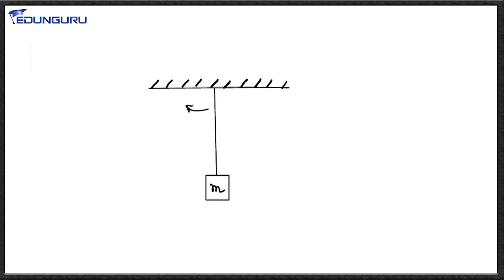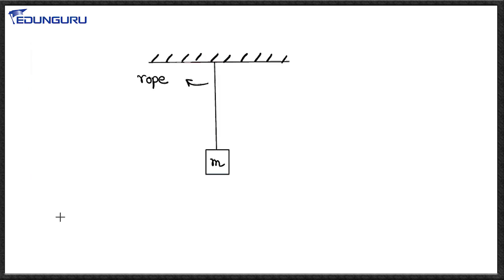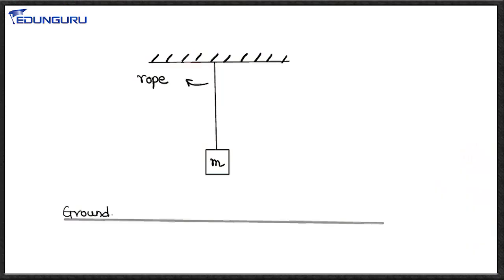Now, if we want to see the forces acting on this block, this is the ground. On this block, there are two different types of forces which are acting. The weight mg and the other one is the tension.